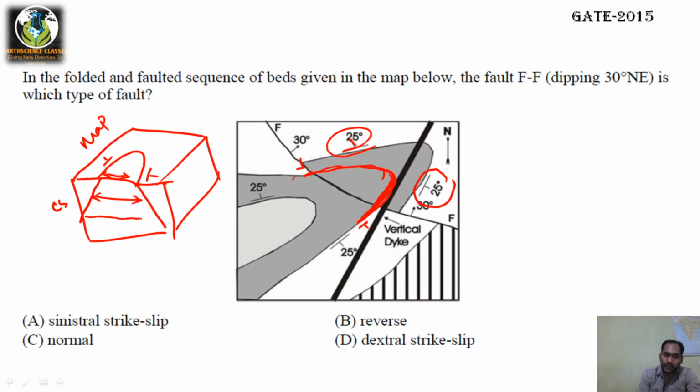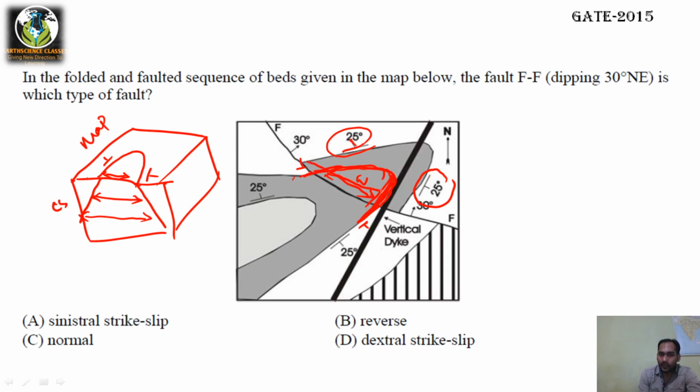Now this part is wider than the above, because they are dipping away from each other. The width is increasing. If the block was not faulted at the beginning, the width is like this. This is width. So then the width is increasing.